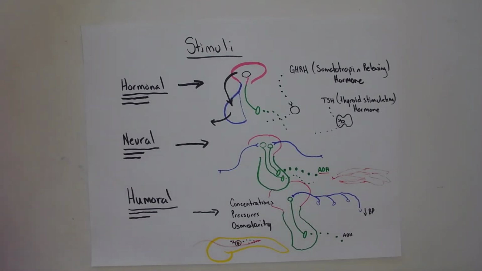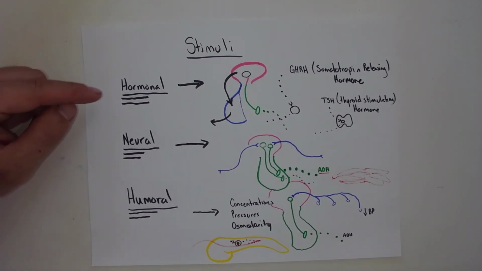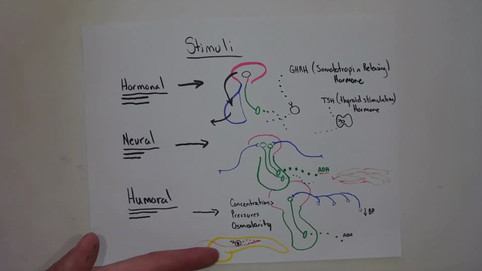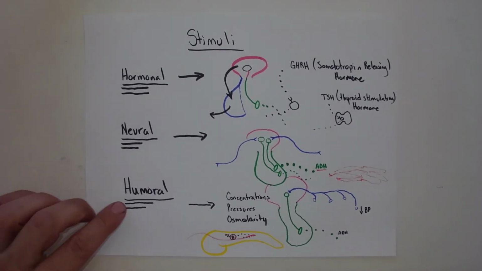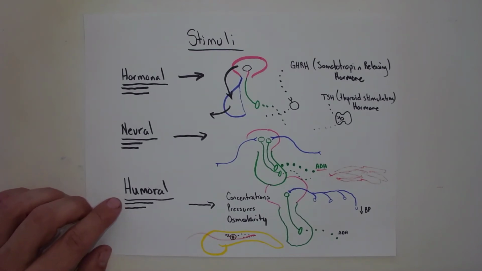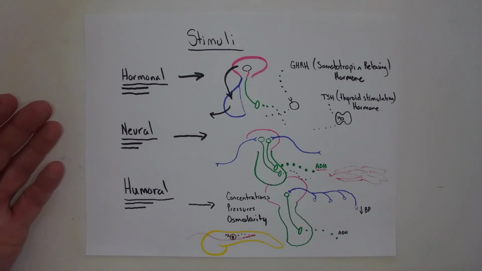Now, this isn't neural. It could be hormonal because hormones are long-distance signaling molecules that travel in the blood, and this glucose did at one time travel in the blood. But we tend to classify it more as humoral stimuli. This entity we can't really put our finger on: blood glucose concentrations.